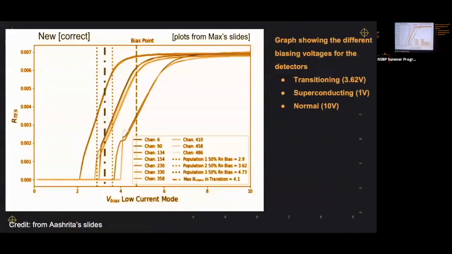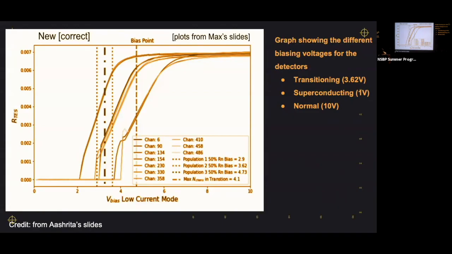Before I start, I have to talk about the detectors within the telescope and how they'll be working. It's using TES bolometers, which are thin film superconductors operating within their transition period. That is how you would expect the detector's resistance to change with the voltage.